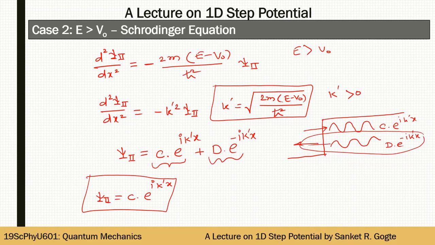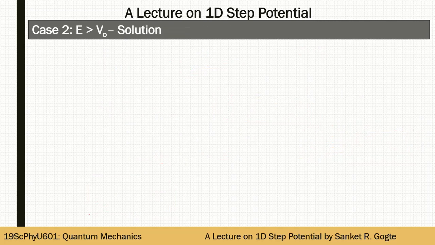Again we will follow the same steps that we have taken in the previous case. We will first consider the probability current density for each of them, and then by using the boundary conditions, we will try to figure out what are the transmission and reflection coefficients.